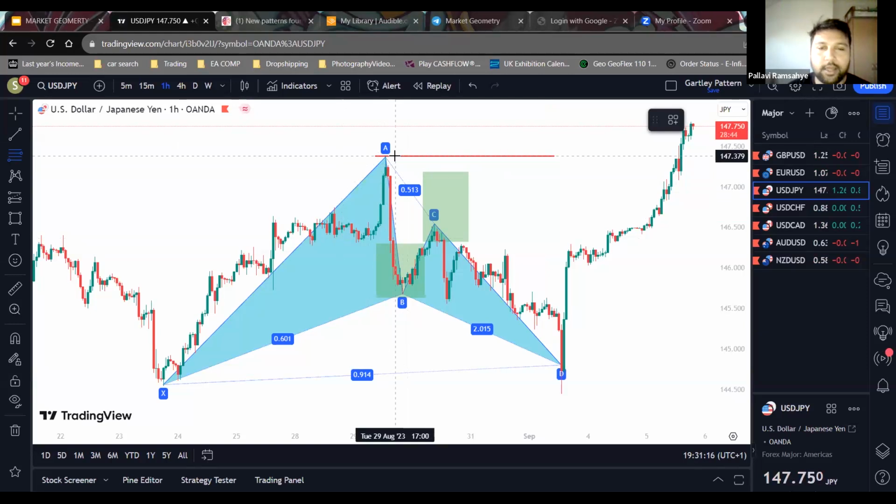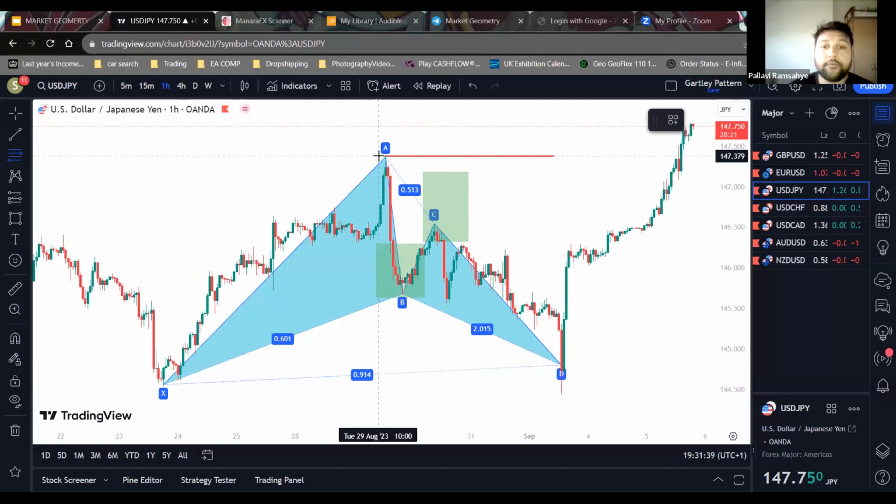So for the expansion, again, where are we placing the Fibonacci tool to find the expansion of point D? So the key word is expansion, okay? So it's not a retracement of a certain percentage.